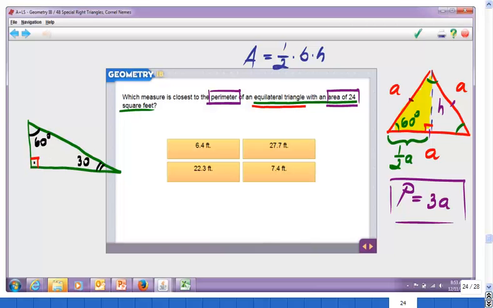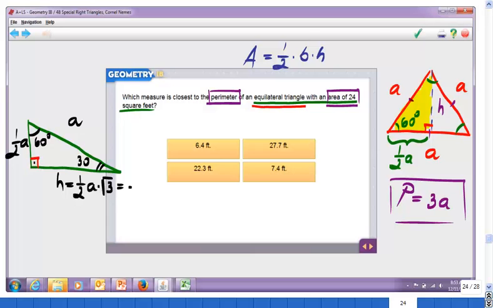In a 30-60-90 triangle, my hypotenuse, in this case the side of my triangle, is nothing else but 2 times the shorter leg, which is 1/2 of A. At the same time, the longer leg, in our case the height of your triangle, is the shorter leg times square root 3.